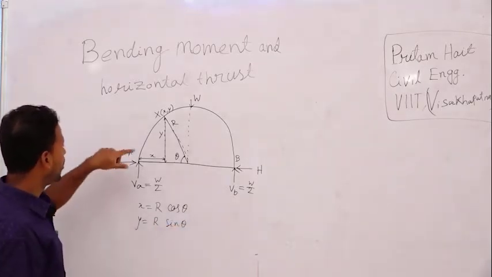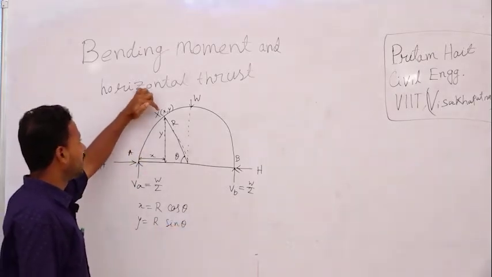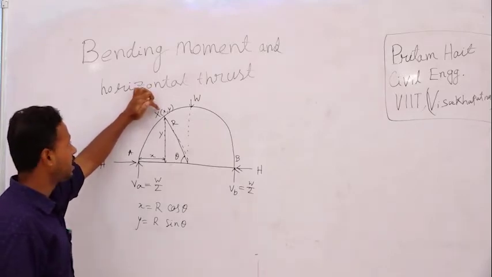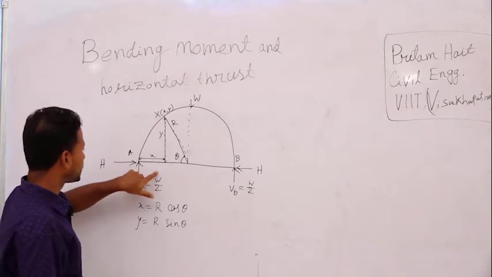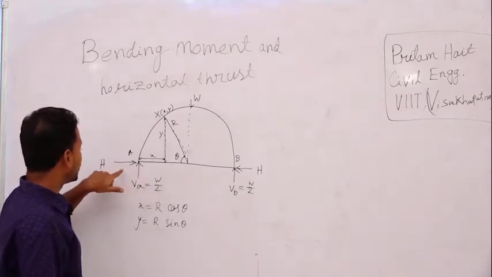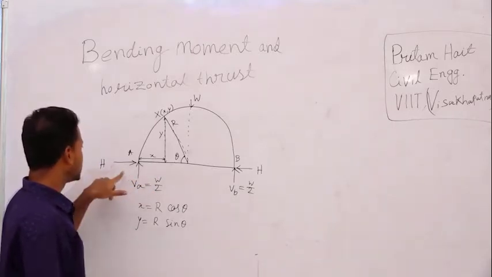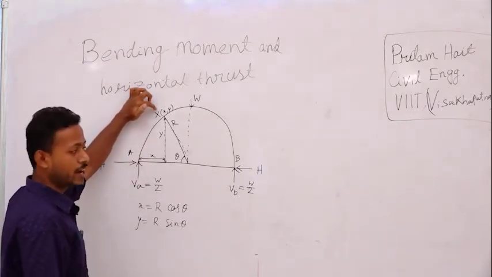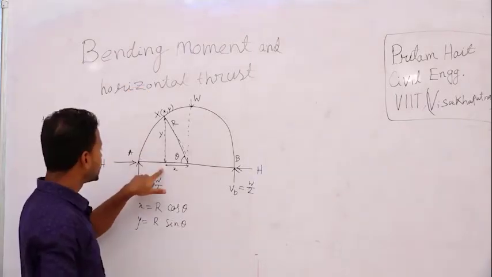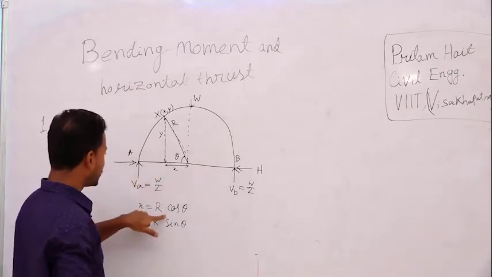Okay. Now I have to determine the bending moment at point X, which will be VB into x, minus H into y. What will be the x distance? r cos theta.